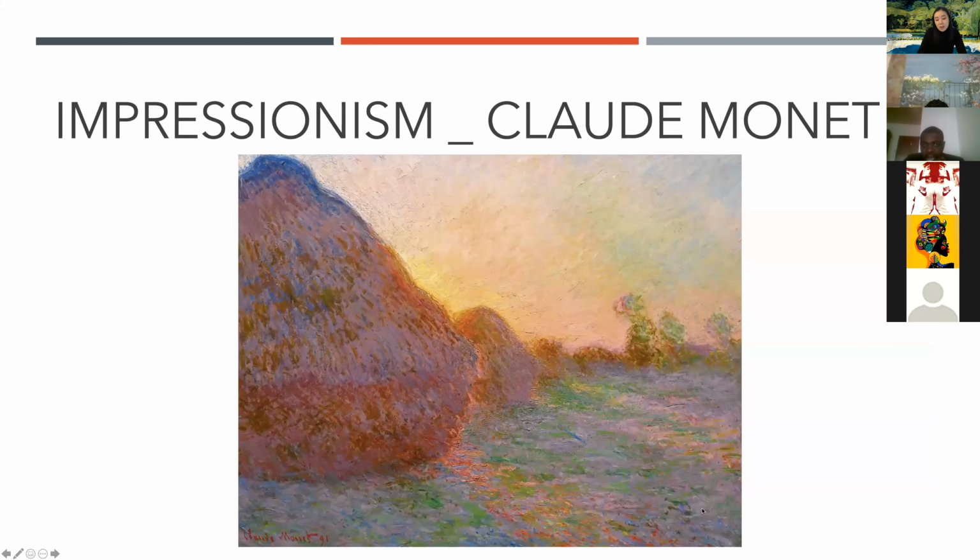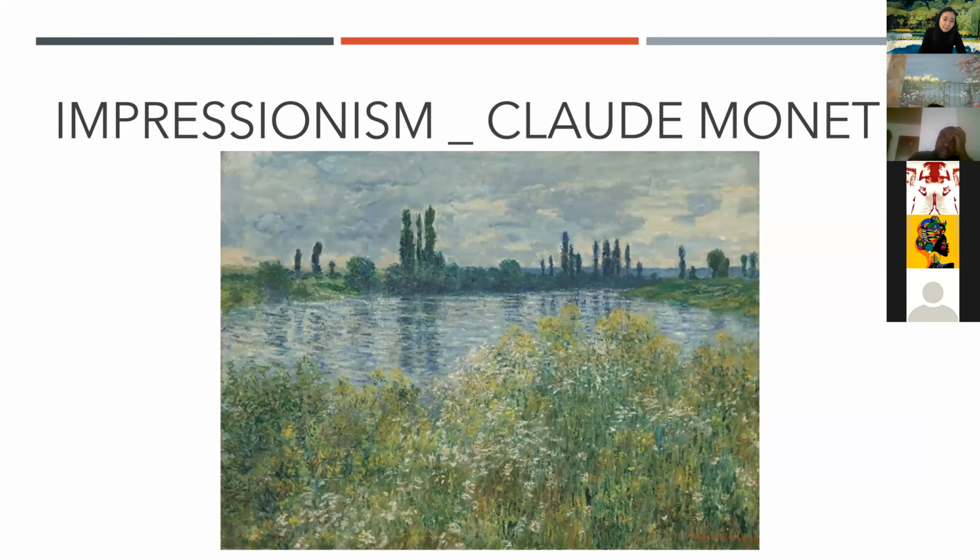Monet painted the same subjects many times because the light and the scenery are different depending on the time, the day, and the weather. And he liked to paint nature views outside to capture all the differences of lighting while he was painting.